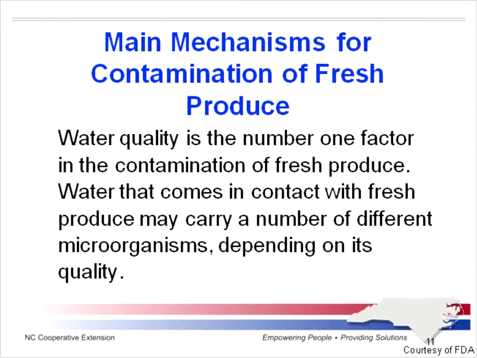The main mechanism for contamination of fresh produce is determined by the water quality that comes in contact with that fresh produce. Water can carry a number of different microorganisms that could affect and contaminate fresh produce.